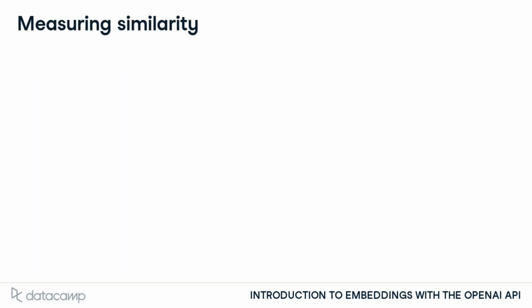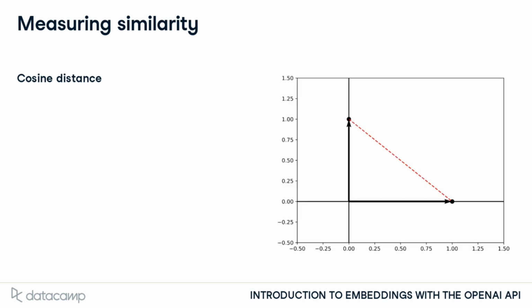There are many different metrics for computing similarity in higher dimensions, but we'll be using cosine distance. The cosine distance uses linear algebra, a branch of mathematics, to evaluate the similarity between 2 vectors. Let's start with a small example of 2 points in 2 dimensions.